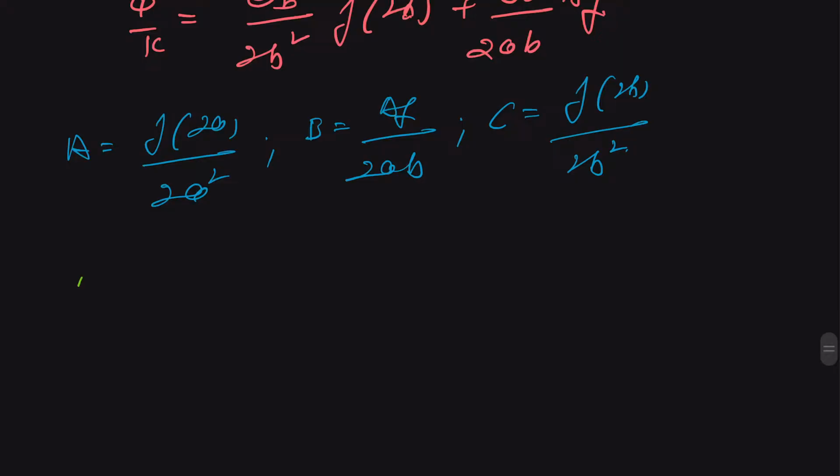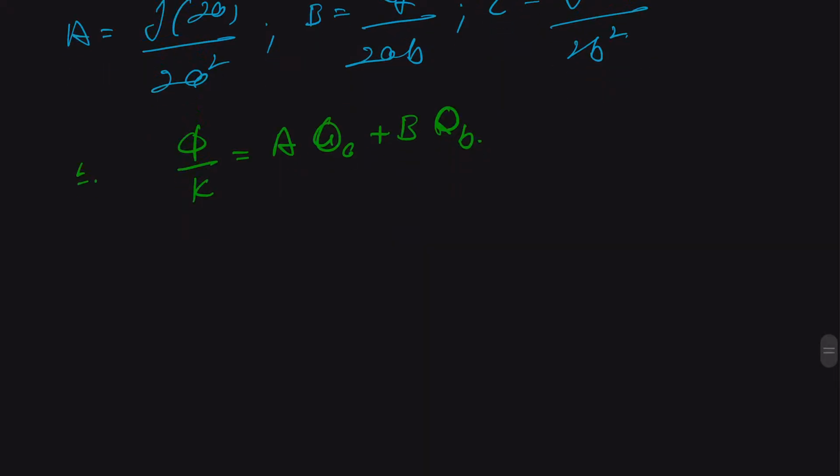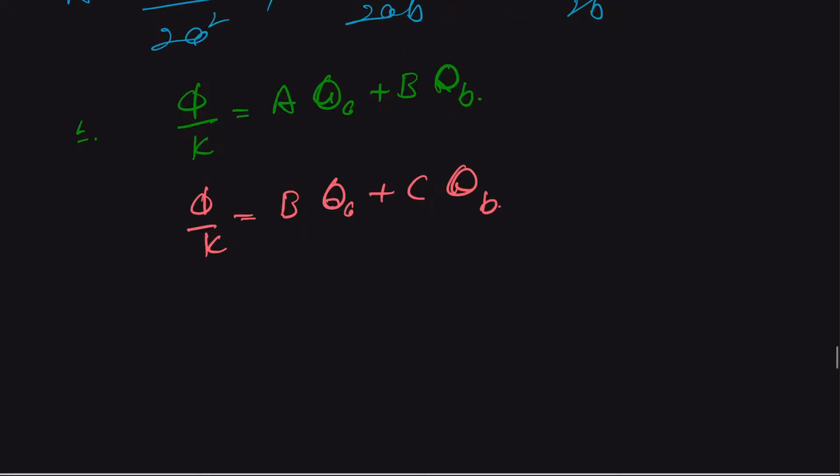Therefore, we can rewrite these two equations as phi upon k is equal to a times charge on A plus b times charge on B, and the second equation we can write as phi upon k is equal to b times charge on A plus c times charge on B. So now we simply subtract them.